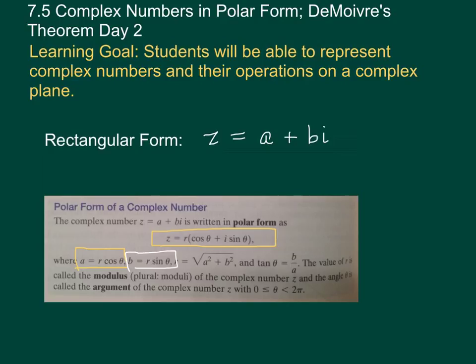And just remember, tangent of theta is B over A. The value of R is called the modulus, which in plural is moduli, of the complex number Z. And the angle theta is called the argument of the complex number Z. So theta is the argument and R is your modulus. Okay? So make sure you have those formulas so we can try a couple problems.